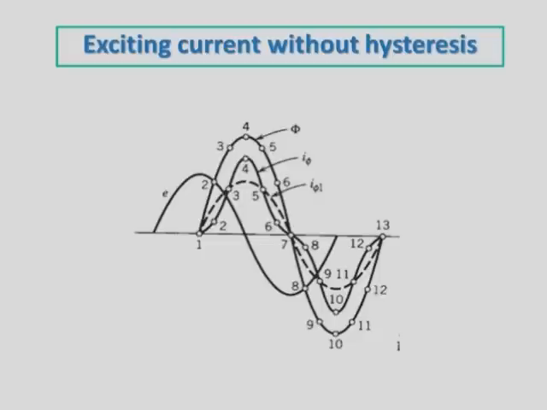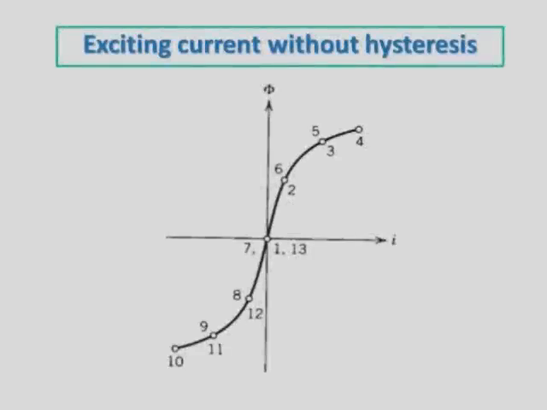From this graph, exciting current is in phase with the flux, but the fundamental component of exciting current lags the induced voltage by 90 degrees. In the next graph, there is only one line, which doesn't have a hysteresis loop, so it doesn't have a power loss.